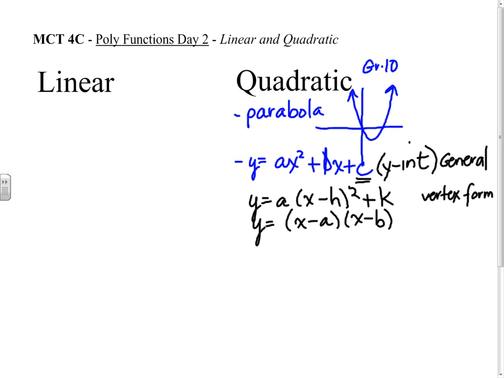Let me change those letters if you would indulge me, because I would like to be consistent on having my a out here. X minus s, x minus t would do just fine. The last one is called factored form.